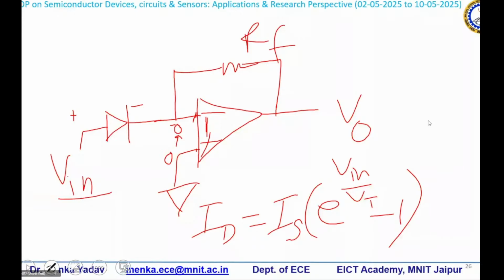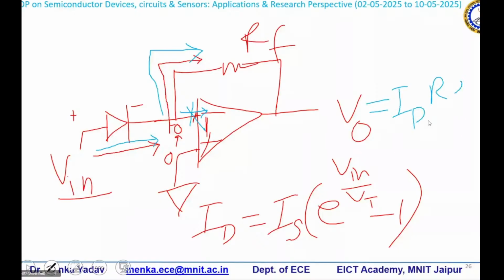So this much current is going through the diode, and the same amount of current is going to enter this, because it has no path to enter the open. It cannot go inside the open. There is no path. So whatever current is coming from here, the same amount of current is going through this. So what will be my output then? Output can be written as whatever your ID current is times R.